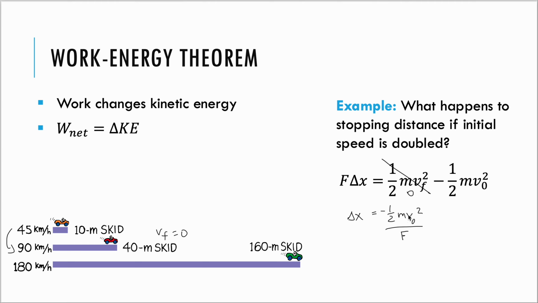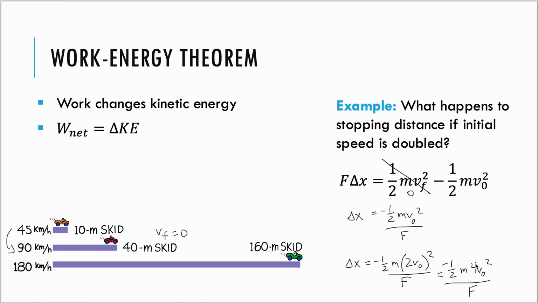And we want to see how doubling the speed affects the stopping distance. So we're going to rewrite the equation, and this time we're going to double the speed. We're going to leave everything else the same. When we double the speed, remember that the whole 2 v initial is squared. Nothing else has changed, but once that factor of 2 gets squared, we're going to get 4 v squared instead of v squared here.